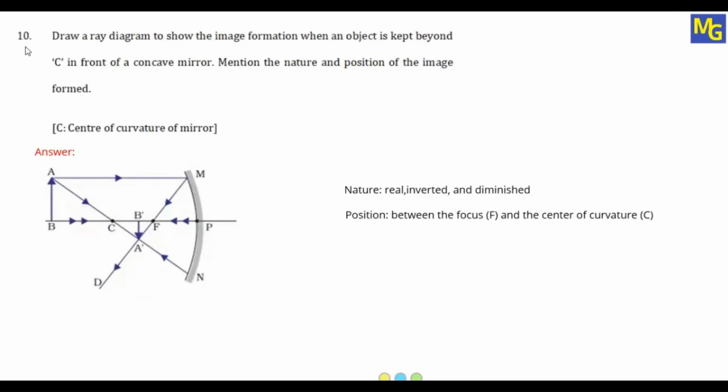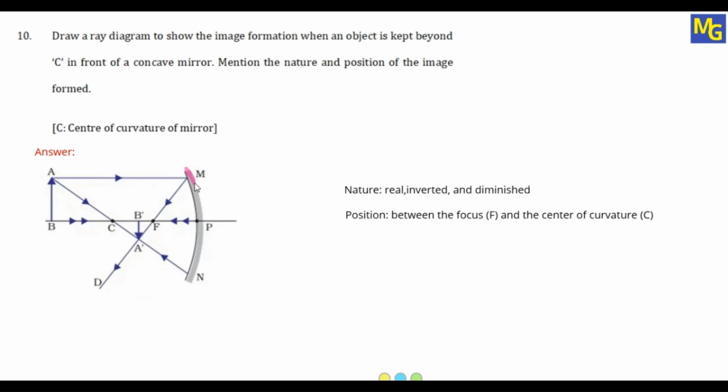Now the next question is question number 10. Draw a ray diagram to show the image formation when the object is kept beyond C in front of a concave mirror. Also mention the nature and position of the image formed. So here we have to take a concave mirror.